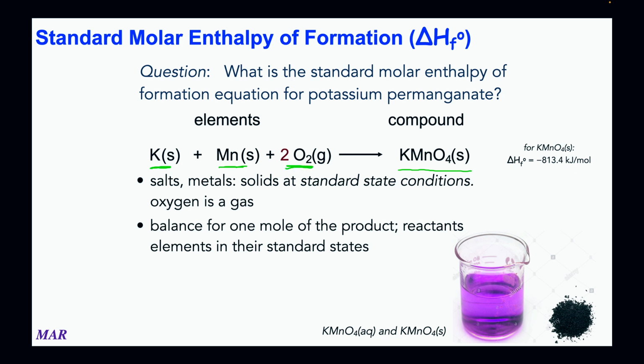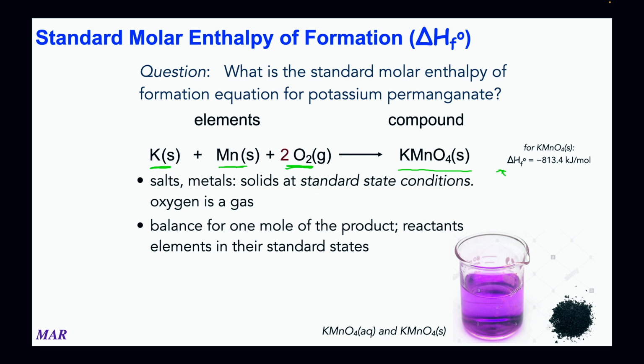So 1 K and 1 Mn and 2 O2s make up 1 KMnO4. And if you look up that value in our thermodynamic table, it comes out to be minus 813.4 kilojoules per mole. So if you form KMnO4 from the elements, that's the energy you're going to get off.